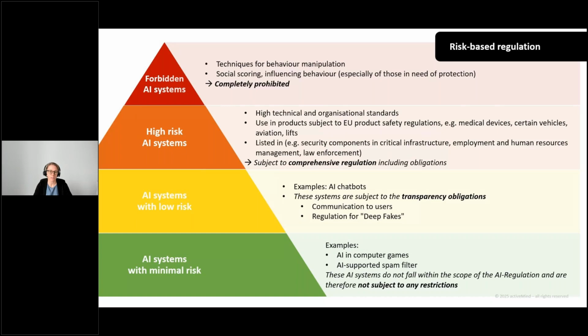And those are all systems or technologies that are used for behavior manipulation. For example, social scoring, influencing behavior, especially of those in need of protection. Harmful AI-based manipulation and deception, that could be an example. Individual criminal offense risk assessments or predictions are prohibited on the EU market.